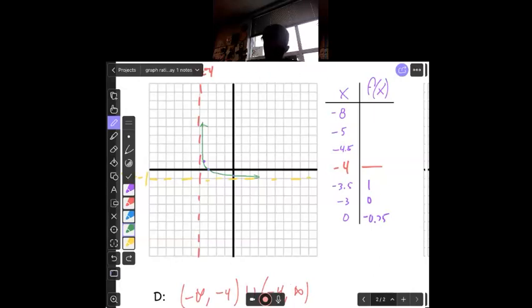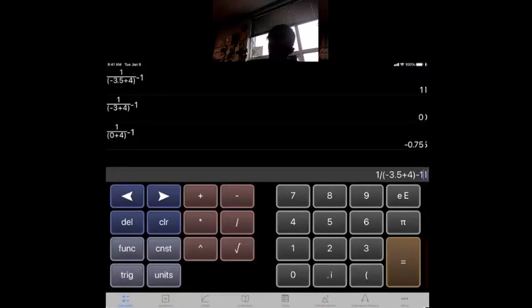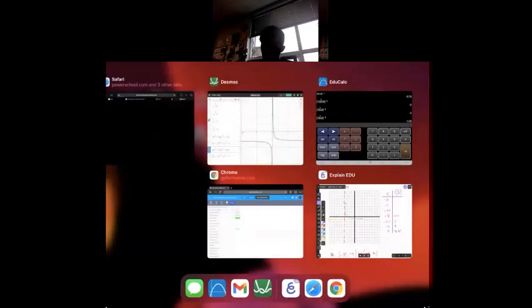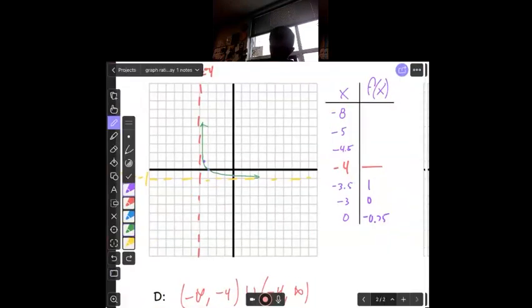Now I need to do the calculations for the left side. So I want this to be a -4, so we'll change that. And then I wanted -5. And then I wanted -8. So -3, -2, -1.25.